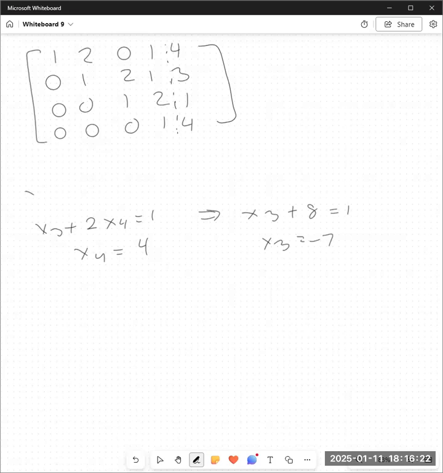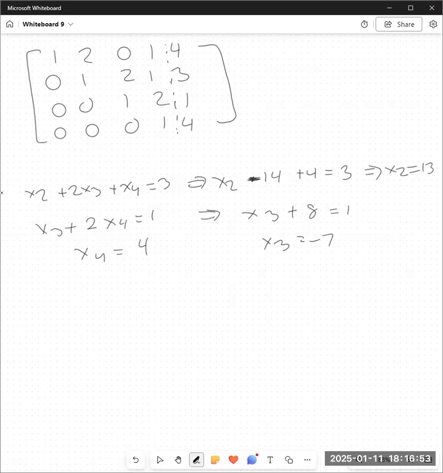Then we have the equation x2 plus 2x3 plus x4 equals 3. So that becomes x2 plus -14 plus 4 is equal to 3. That's x2 equals 13.